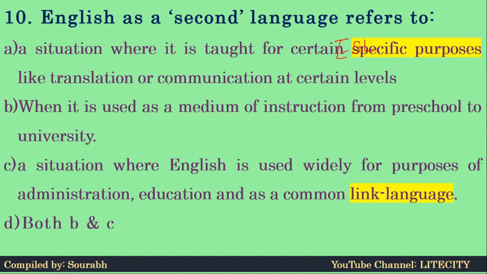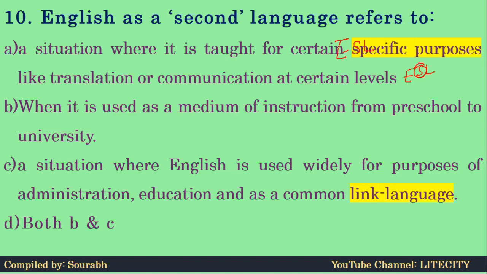Okay friends, if a particular language is used for a specific purpose, it is known as English for special purposes. It is also ESP, but this S stands for specific purposes. It may be for scientific or for some diplomatic missions. When it is used as a medium of instruction from preschool to university, it may be third language, it may be optional language.